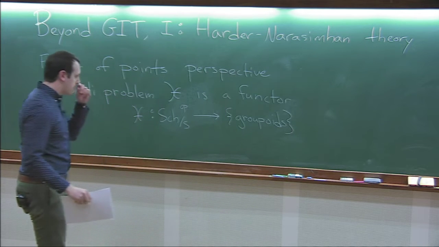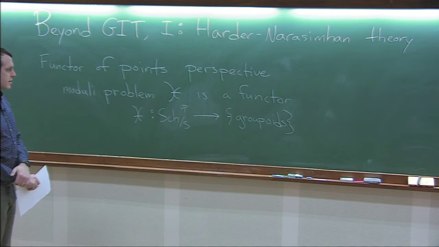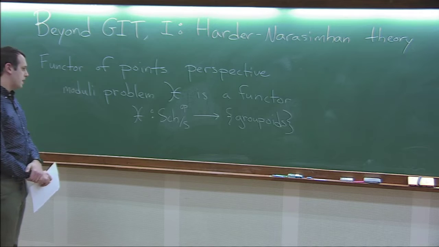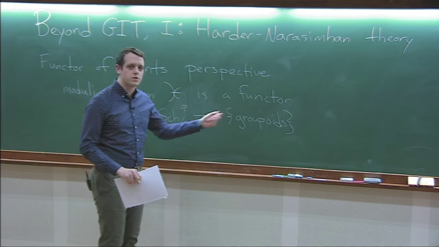This looks a lot like the usual functor of points perspective in algebraic geometry, except here, of course, you have categories.